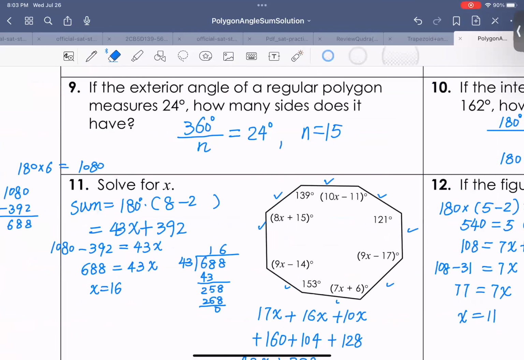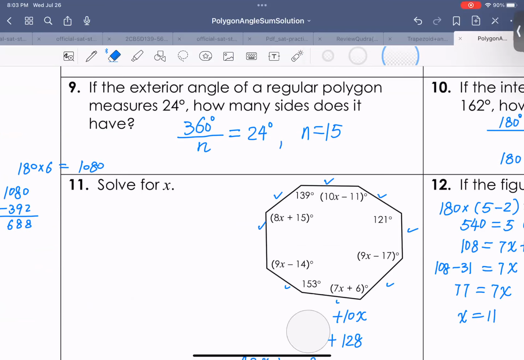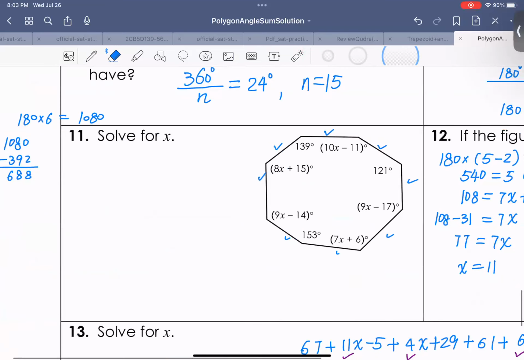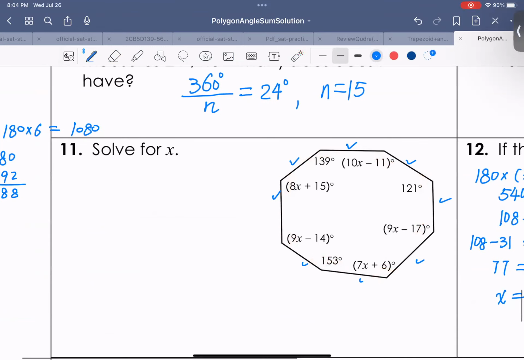Next one. Look here. Sophie, let's try this number 11. Yeah, go ahead. You can do 8x plus 15 plus 139 is equal to 180.